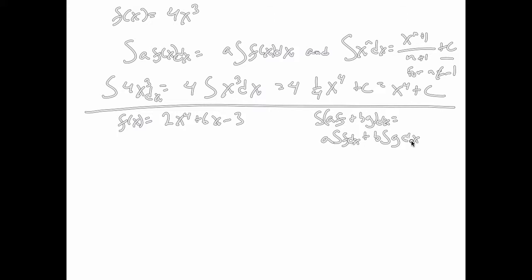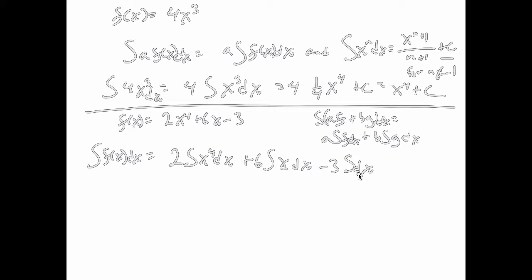Basically the same idea as the previous one. And we're going to use the exact same rules again to get the integral of this f of x dx is going to be 2 times the integral of x to the 4th dx plus 6 times the integral of x dx minus 3 times the integral of dx.